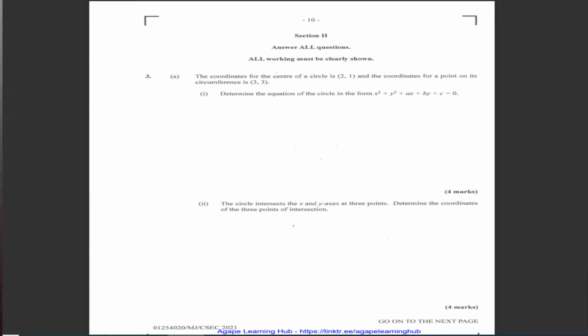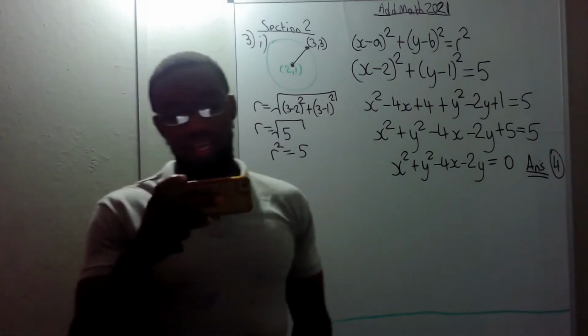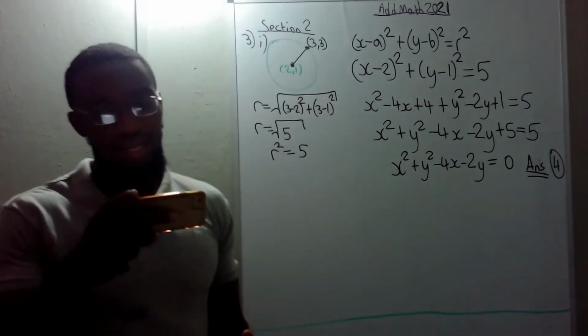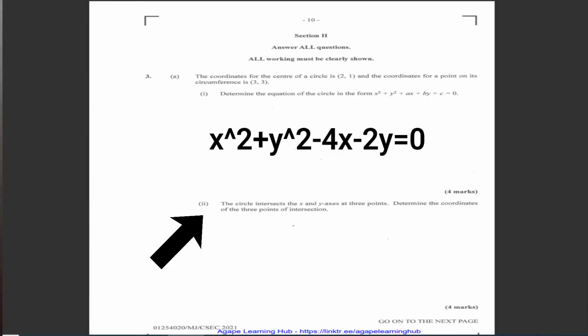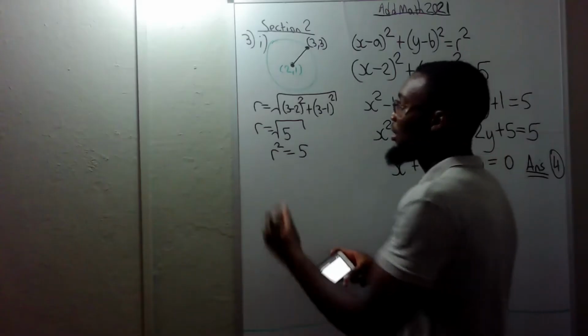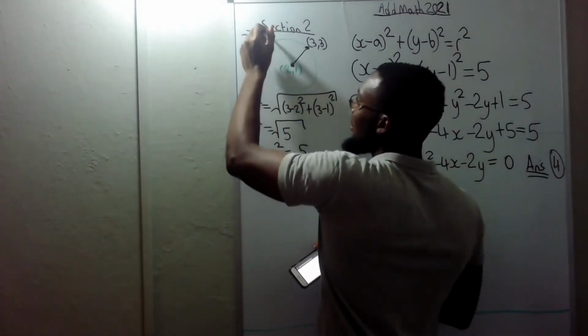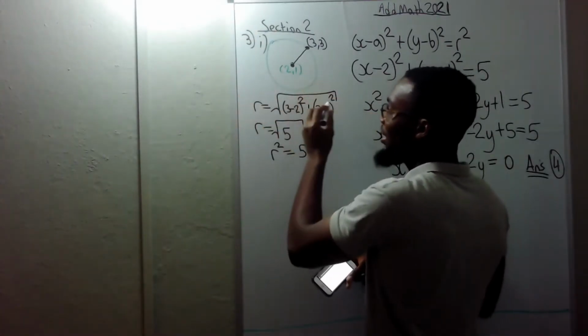Part 2 says we need to find the x and y axis intercepts. Determine the coordinates of the 3 points of intersection. So guys, what they're telling you is this circle here. This is not going to be perfect, but maybe I'm just going to draw the x and y axis.